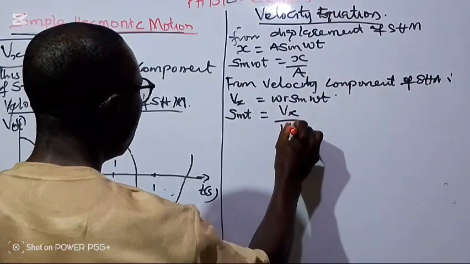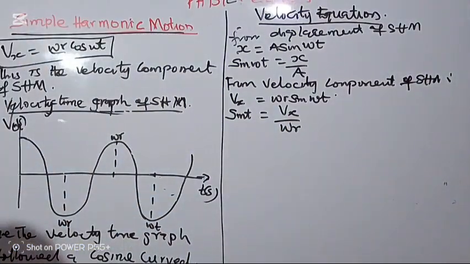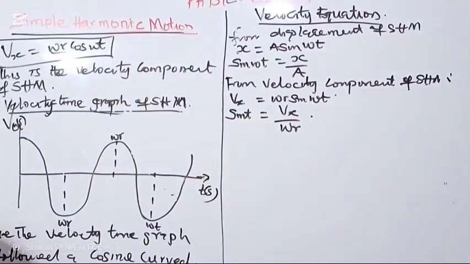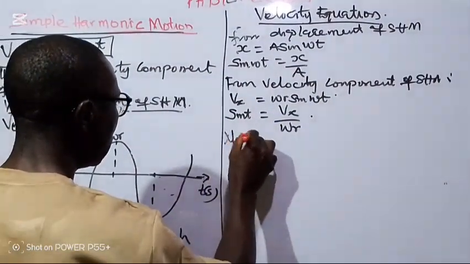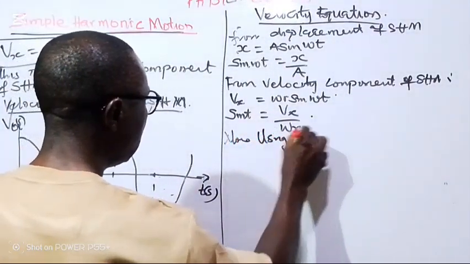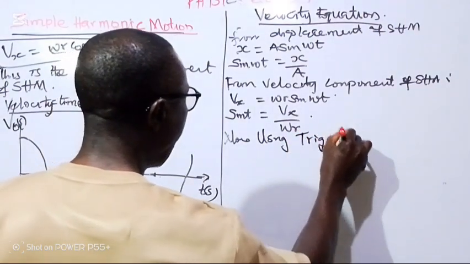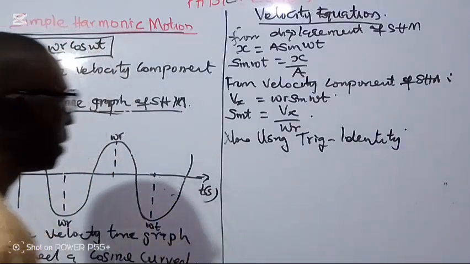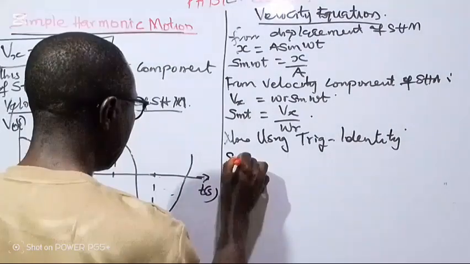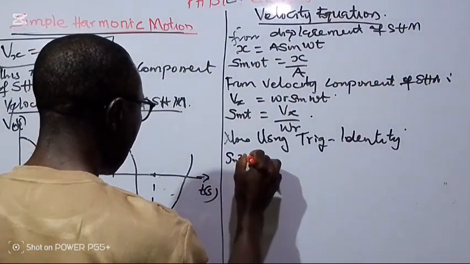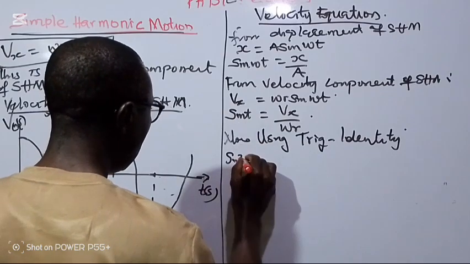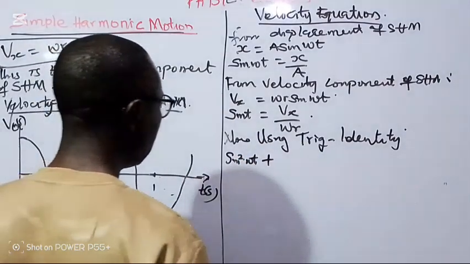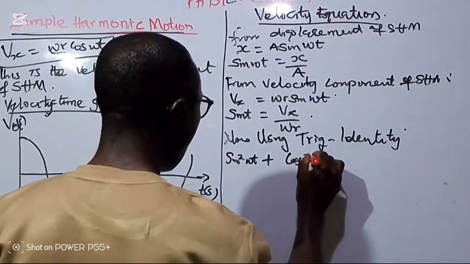Now, using the trig identity, we say that sine square omega t plus cos square omega t is equal to 1.